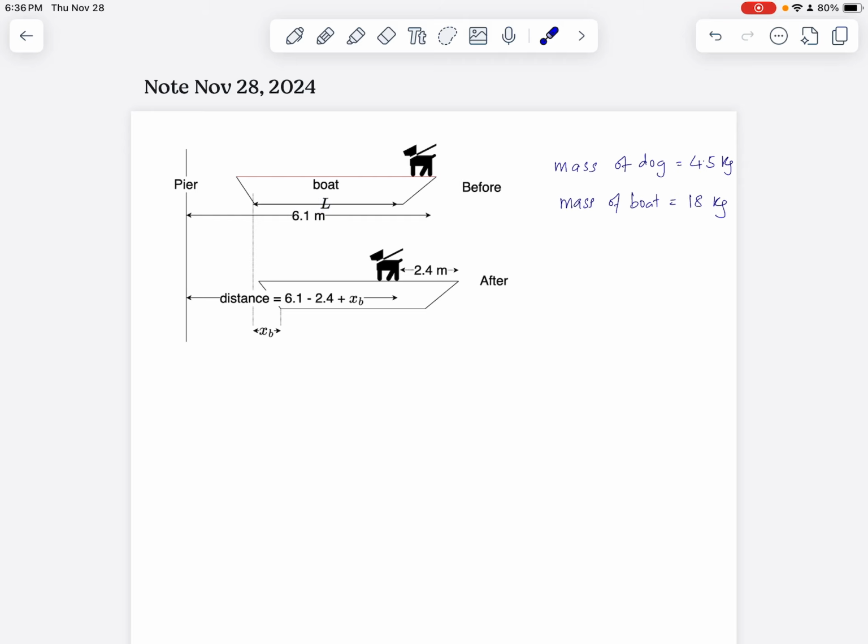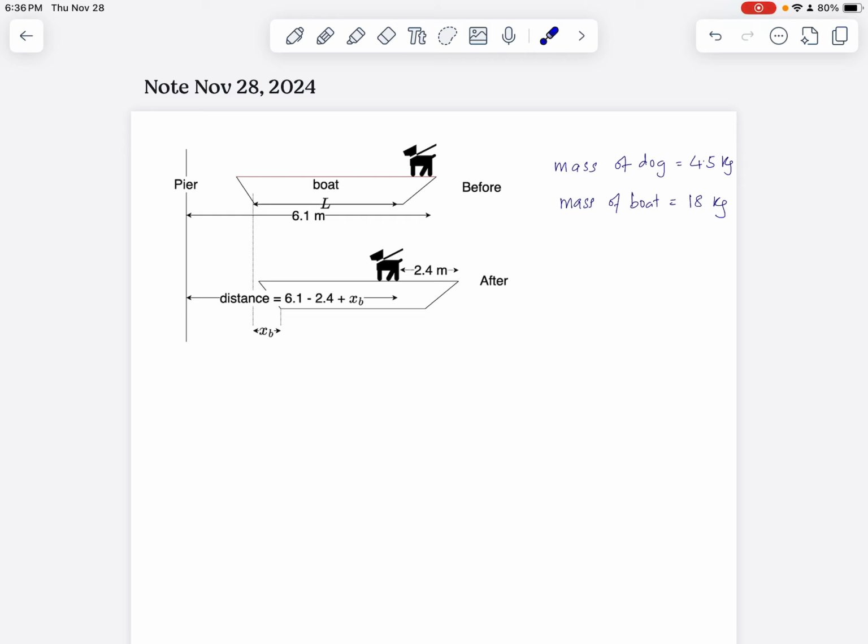But the thing is that the boat is not anchored to the floor of the harbor. So since the boat is not anchored, the motion of the dog would make the center of mass move this way. Since there are no external forces, the center of mass does not change position.